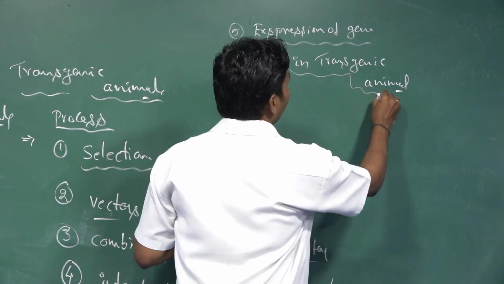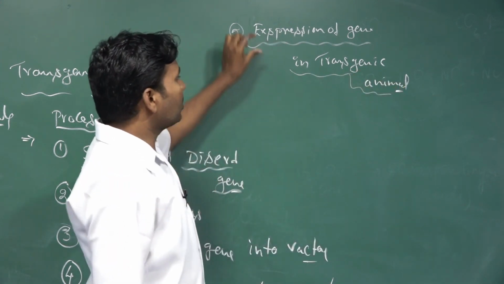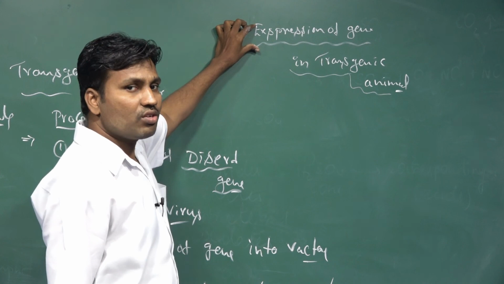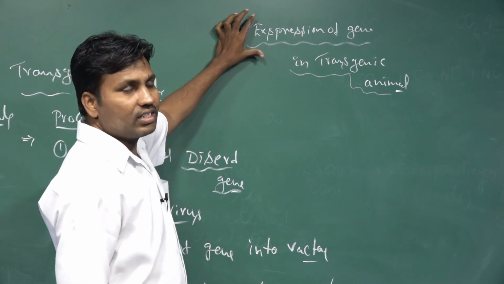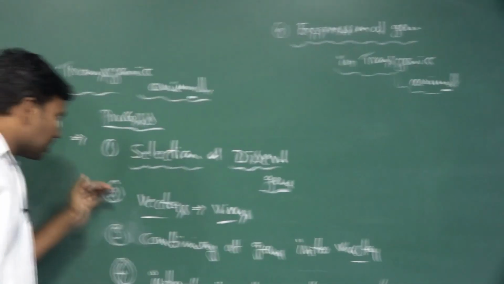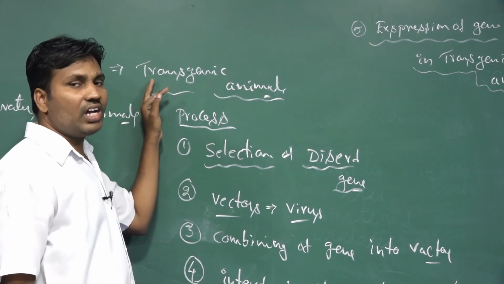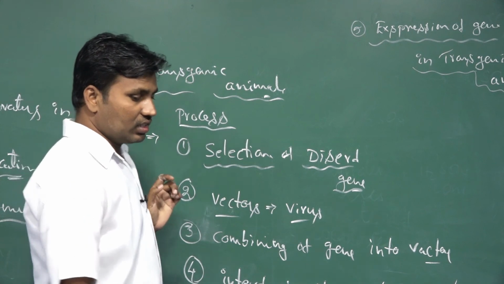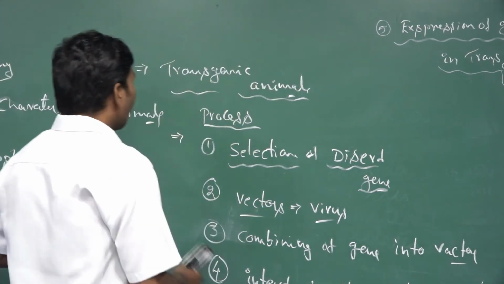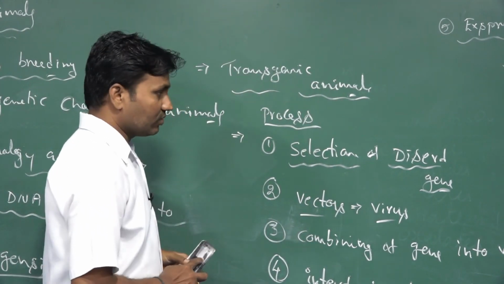Along with their genetic material, this newly introduced gene is also going to be expressed here. So like this, these are the number of steps we follow to conduct the transgenesis process, and this way we develop transgenic animals.